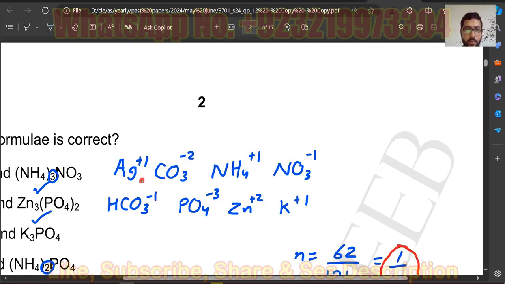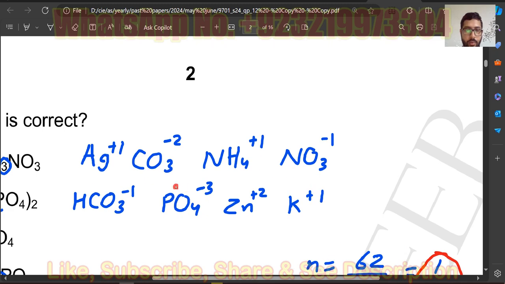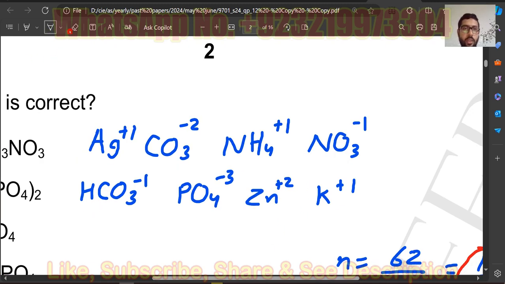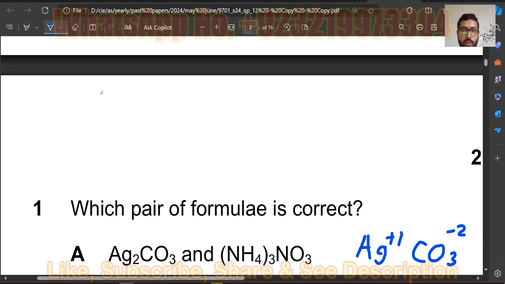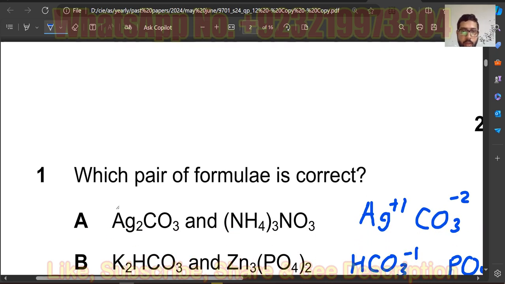Alright, here you can find the formulas of the ions. You should know that silver has +1 charge, carbonate -2, ammonium +1, nitrate -1, phosphate -3. Using the formulas of these ions, I can construct the formula required for the compounds. Here it says Ag2CO3. So let's construct the formula.